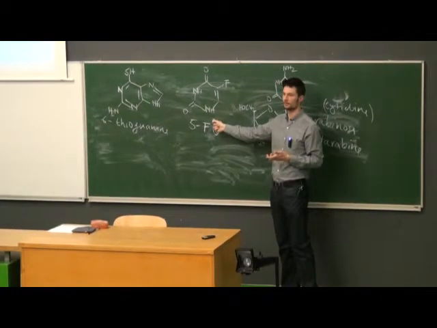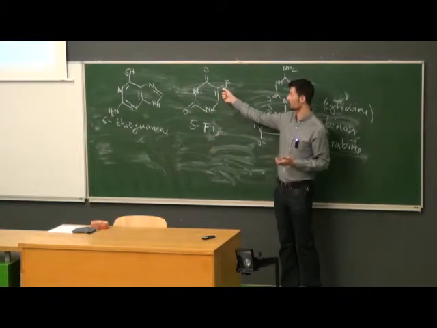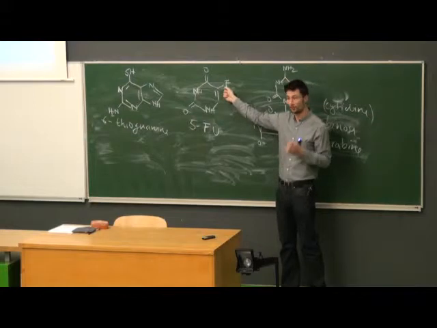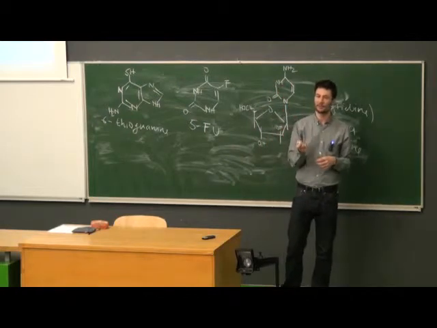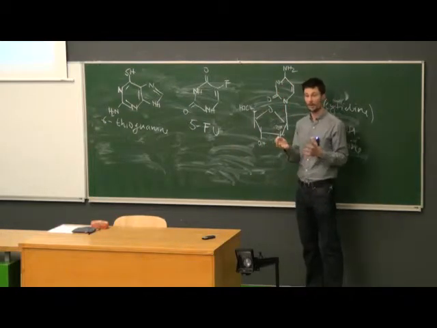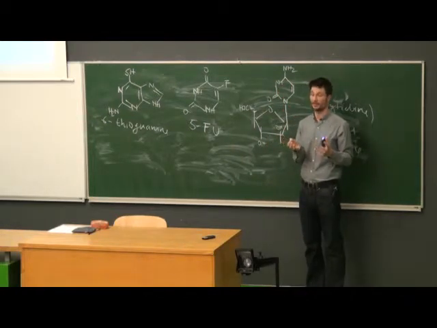Is it going to be possible? What do you think? It's not going to be possible because there's already fluorine there, where it should put in the methyl group. So the main activity of 5-fluorouracil is blocking thymidine synthesis.